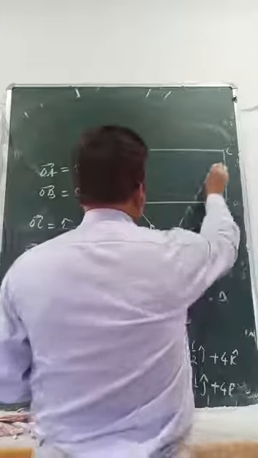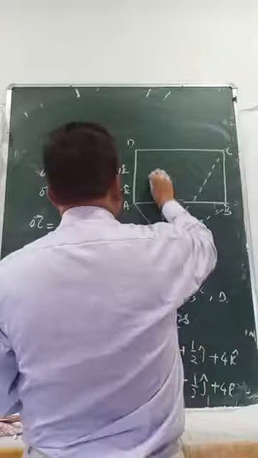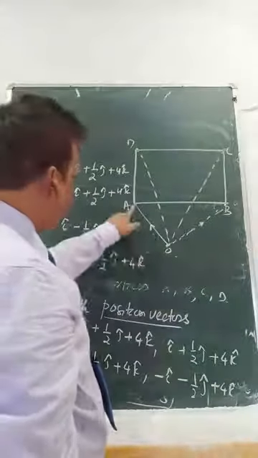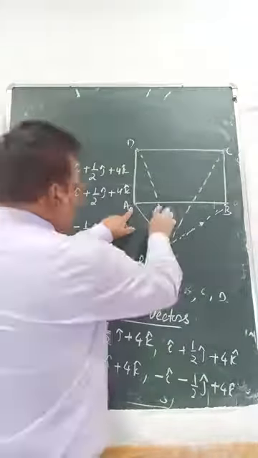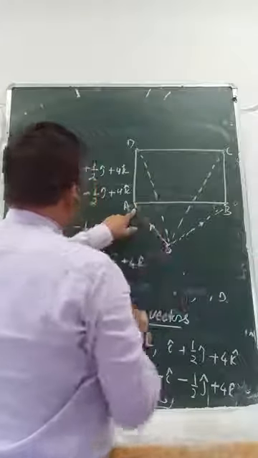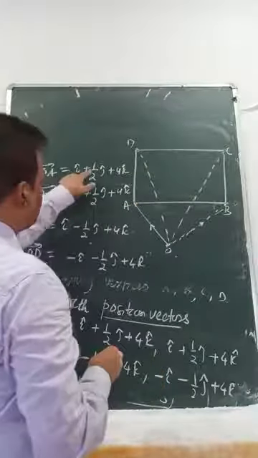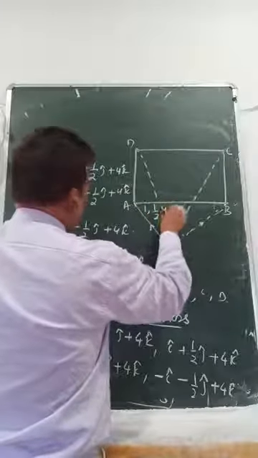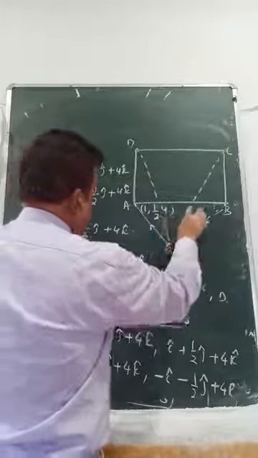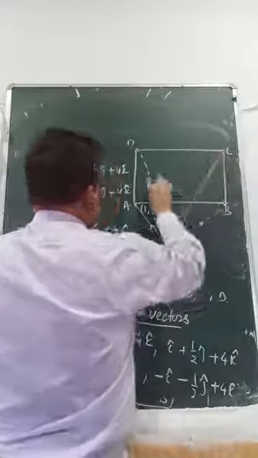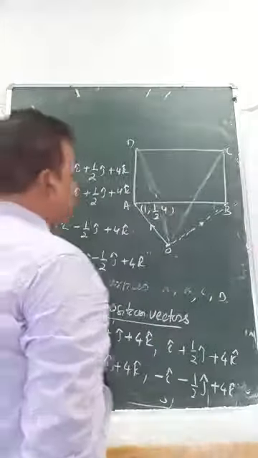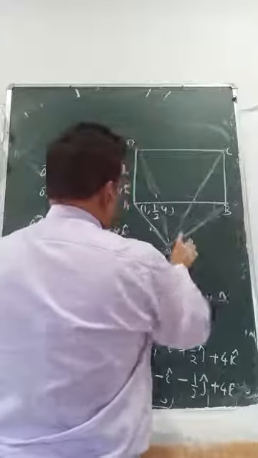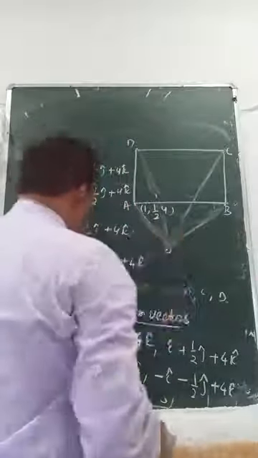When the position vector is given, you can find out the coordinates of A. Only the components you take out: 1, half, 4. No need to join this. It's making you more confused. I just made you clear what is the meaning of position vector. Now you can remove it.